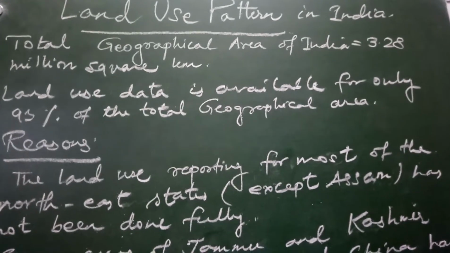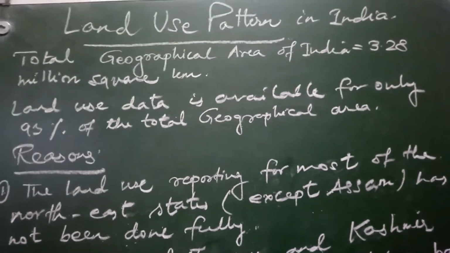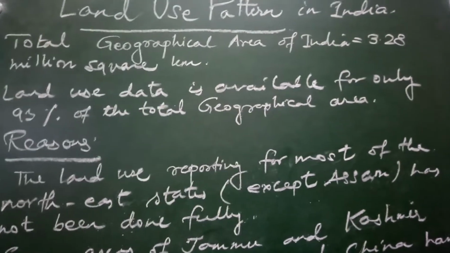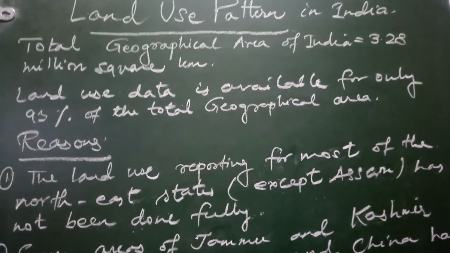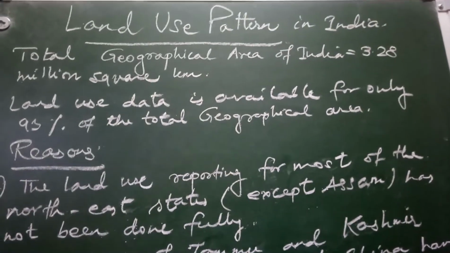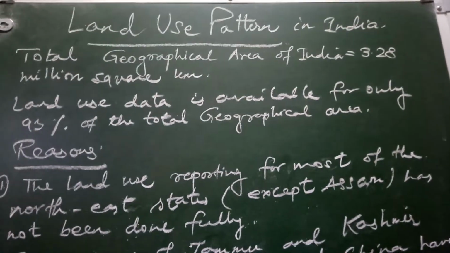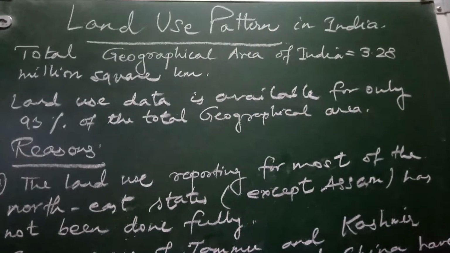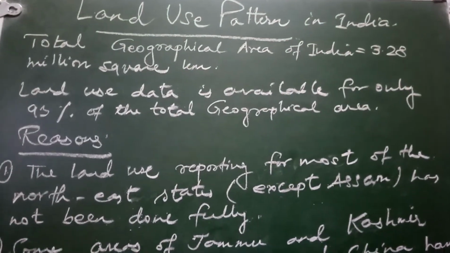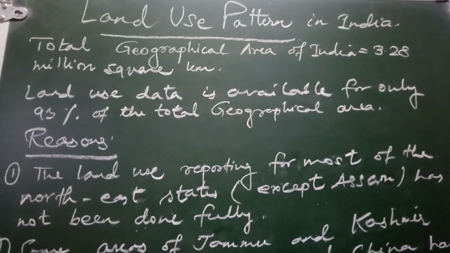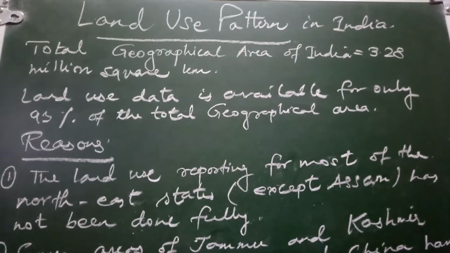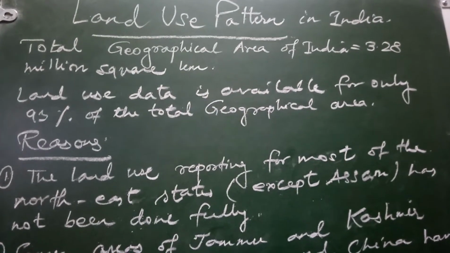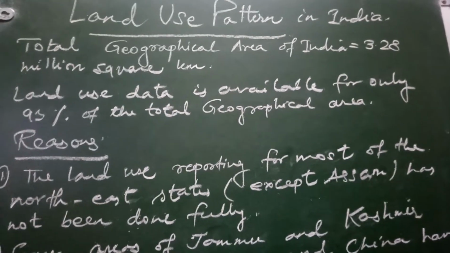The land use data is available for only 93% of the total geographical area. It means 100% of the area's land utilization data is not available to us.